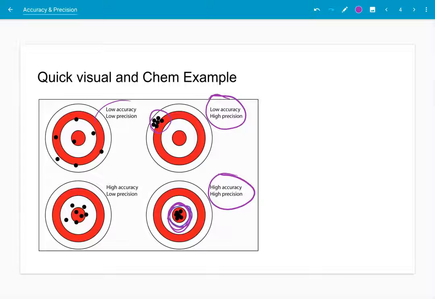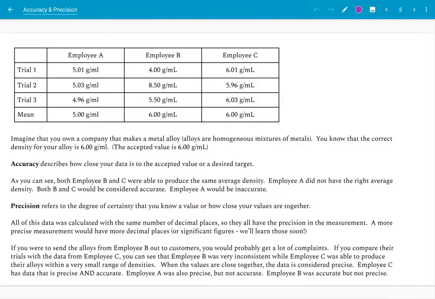What I would like to not see in lab is low accuracy and low precision, where you're just all over the place. The other thing I would prefer not to see is that one person in your lab group can do it, but nobody else can. I would like to see some consistency within a lab group. The dartboard analogy is a really easy way to compare accuracy and precision in general.